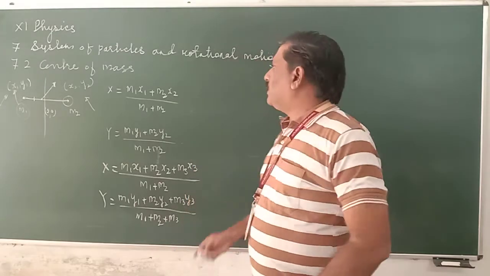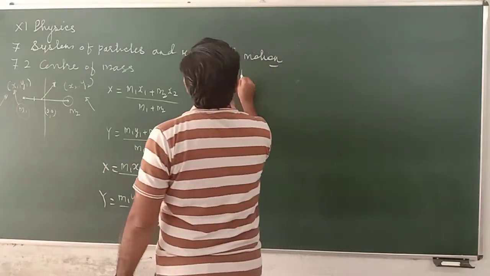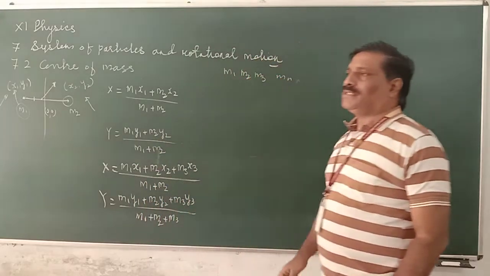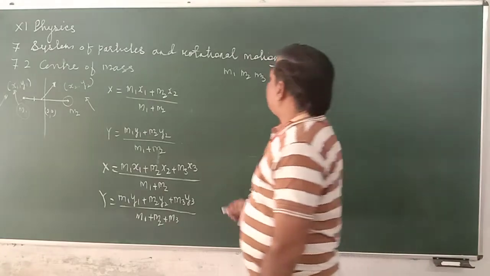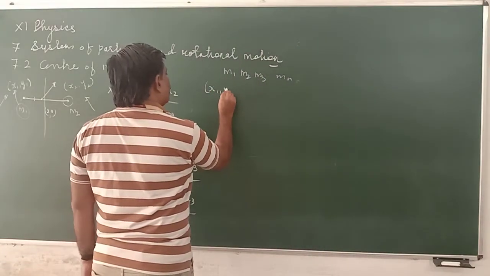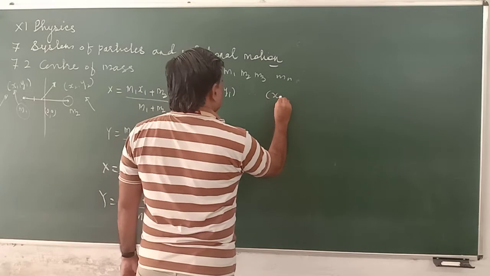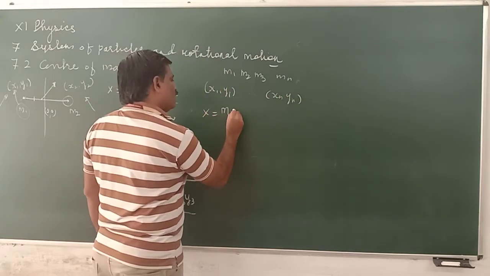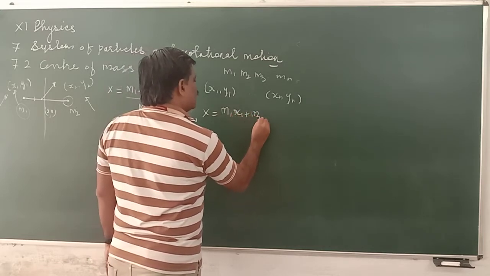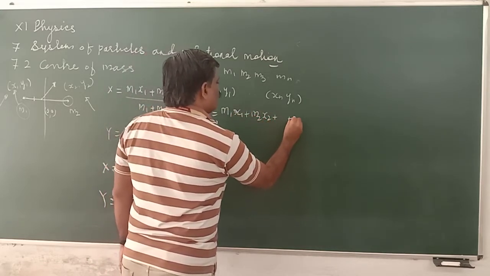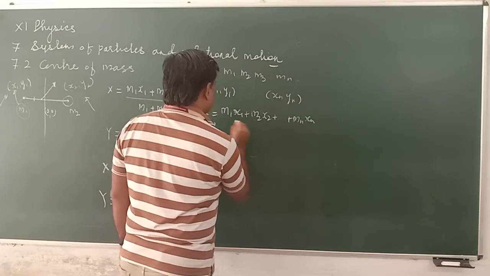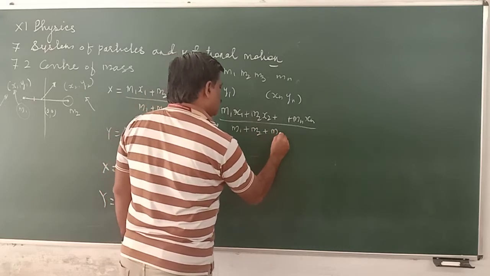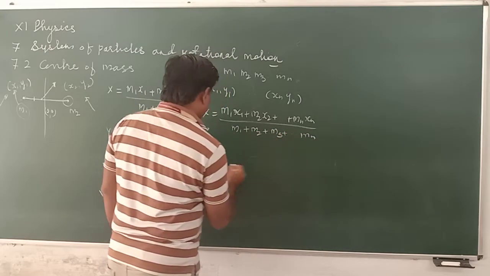Then for n particles, suppose m1, m2, m3, and so on up to mn are the masses of n particles having coordinates x1, y1 and so on up to xn, yn. Then the x coordinate is m1 x1 plus m2 x2 and so on up to mn xn divided by m1 plus m2 plus m3 and so on plus mn.